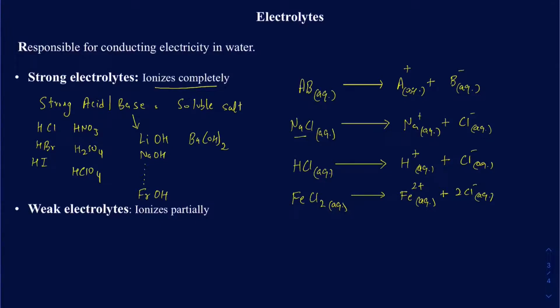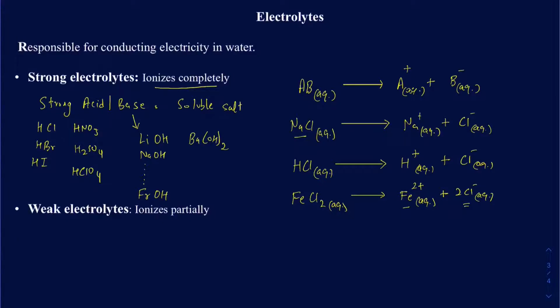If you're comparing NaCl and FeCl2 here, and you're adding the same moles of each, FeCl2 breaks into more ions: one Fe2 plus and 2 chlorides. So since it breaks into more ions, it's going to be a better electrolyte among the strong electrolytes.